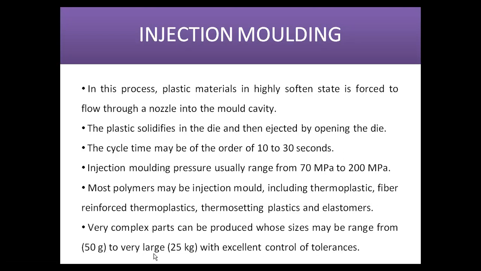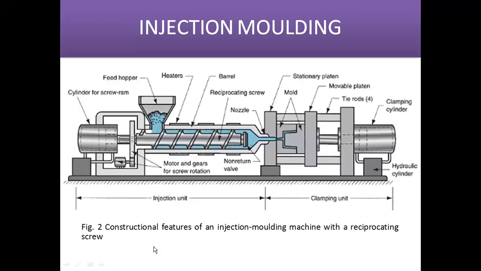Next, we will discuss the parts in the injection molding process. This is the constructional feature of an injection molding machine. In this machine, you can see there are two parts. One is the injection unit, another one is the clamping unit. In the injection unit, there is a reciprocating screw.